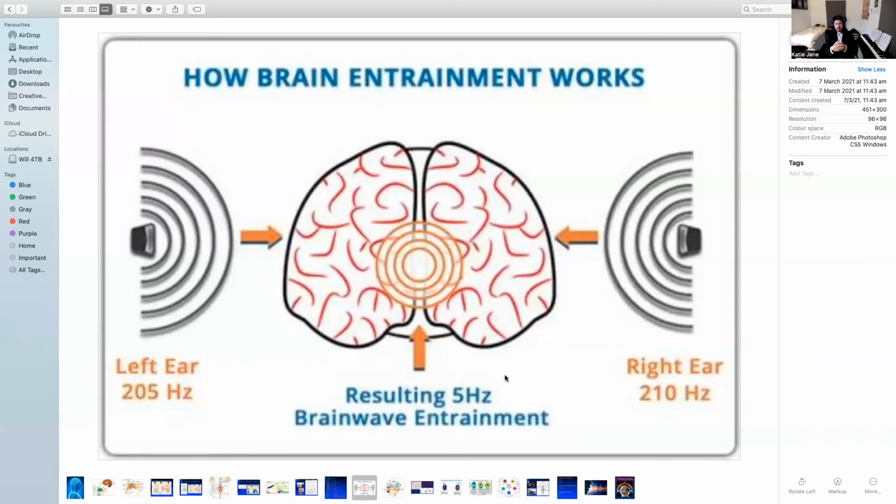And what happens in that sharing of notes is that this pulse essentially says these two things don't add up. We need to rectify this by creating the pulse in the middle. So the brain creates the pulse in the middle, which is the difference between the two, 5 hertz.